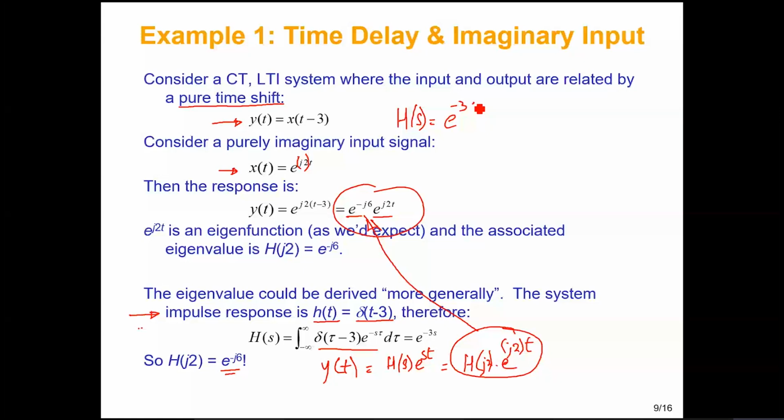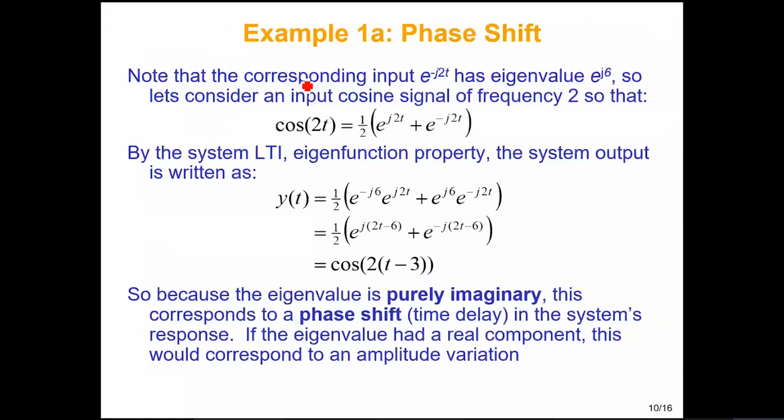For the same system, if x of t is changed, let's take a cosine as the next example. If we take the input as cosine 2t, so x of t is equal to cosine 2t, and we have already seen for that system h of s was equal to e raised to the power of minus 3s.